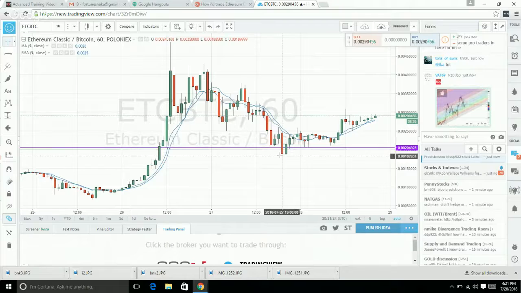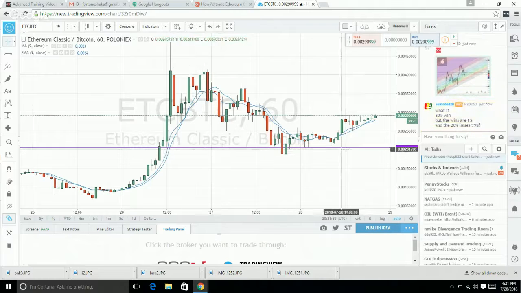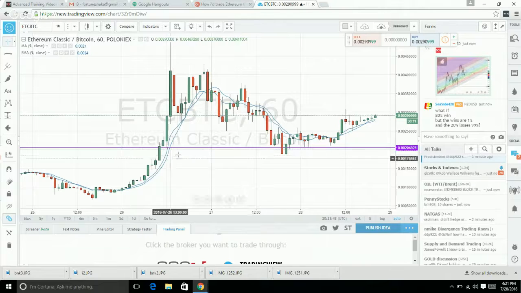This will happen. This doesn't mean that this isn't a strong support line just because it dipped below it for a little bit. Came back up, it bounced, it bounced, it bounced, it bounced. This is a very strong line here at 204,000 Satoshis, at least for right now, from the information that we have.